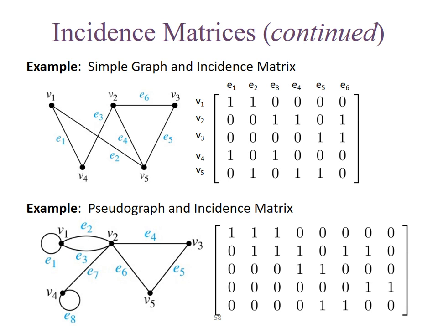Okay, and then let's see E2. E2 is incident with V1 and V2. So we have 1, 1 here. So now you know if it is a loop edge, then we have only one 1 in that column. Otherwise, for normal edges, we have 2 ones in that column.